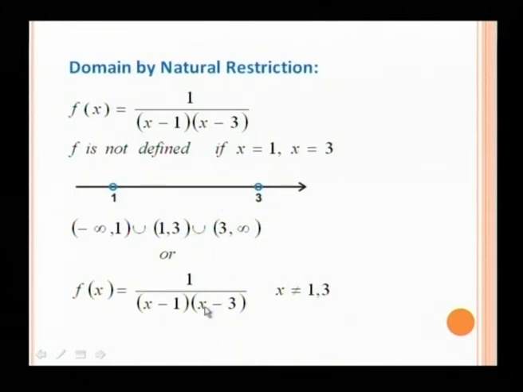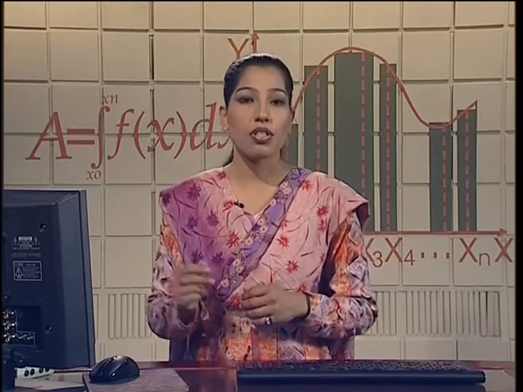So finally, for the natural domain of f of x is equal to 1 divided by (x minus 1) into (x minus 3), the domain would be all the numbers except 1 and 3. Natural domain can be defined more simply, which you can see on the screen.